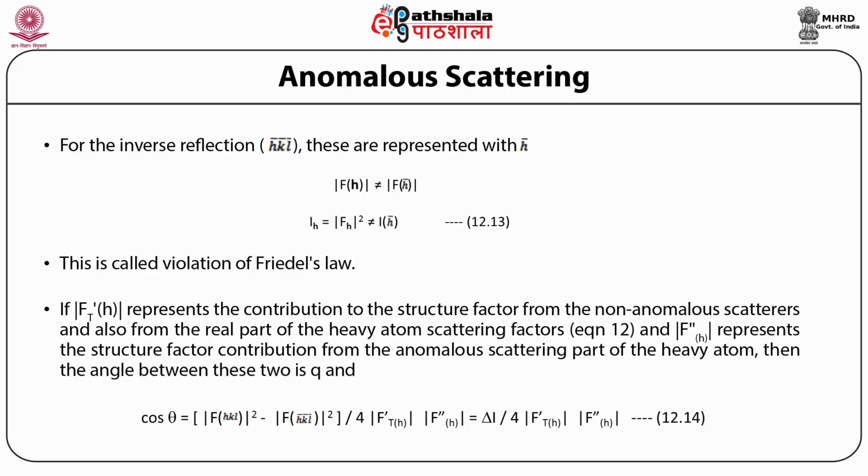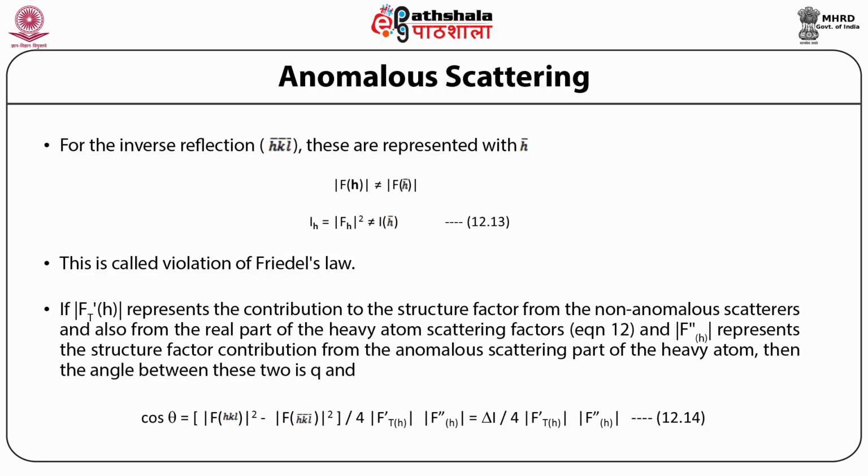Cos theta is simply mod F(hkl) squared minus mod F(h bar k bar l bar) squared, the whole divided by 4 times mod capital F_T prime of h times mod capital F double prime of h, which can again be abbreviated as delta I, the Bijvoet difference, divided by 4 times mod F_T prime of h times mod F double prime of h.